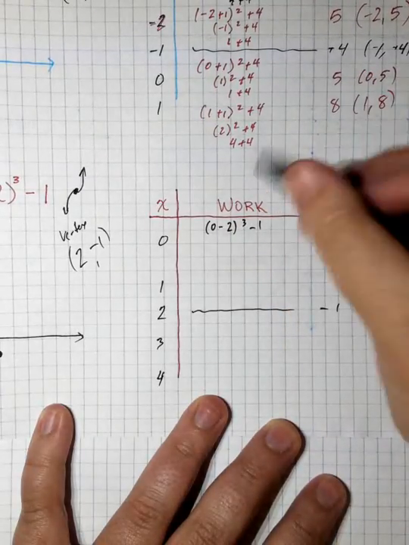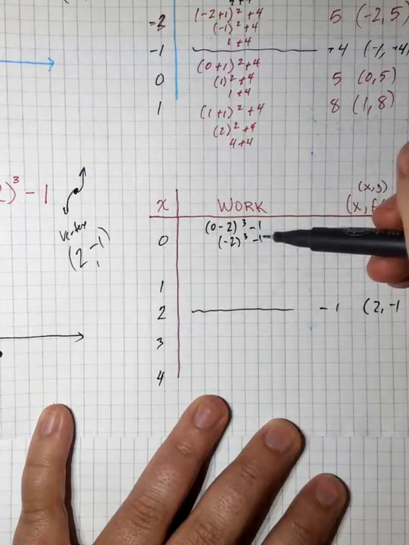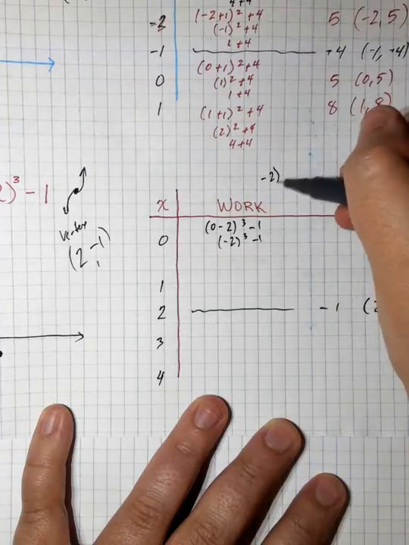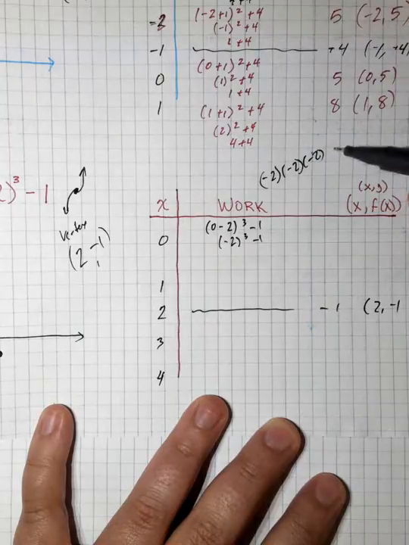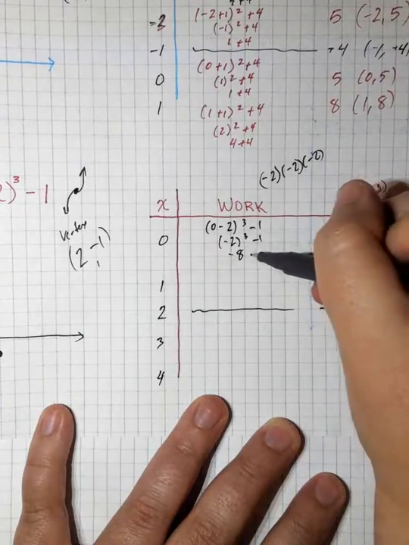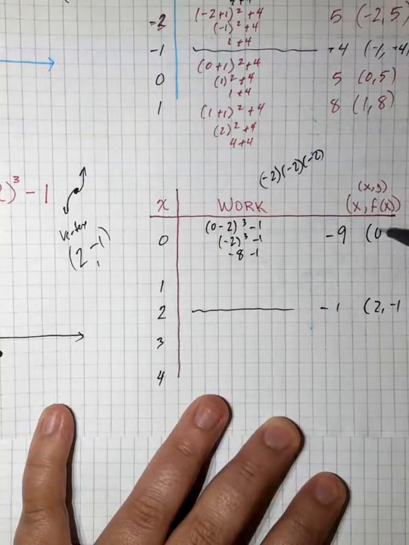Inside parentheses first, 0 minus 2, well that's -2. -2 cubed, be very careful, that means -2 times -2 times -2. So you should get 8, but it's going to be a -8. And -8 minus 1, well that's a -9.